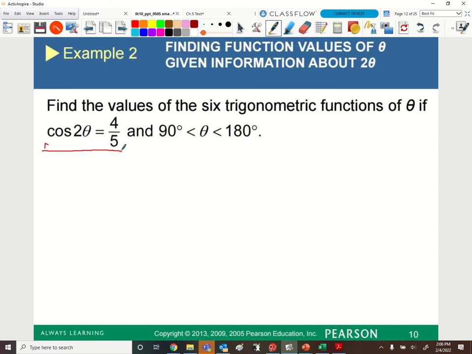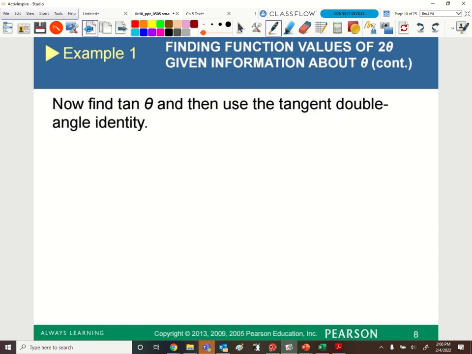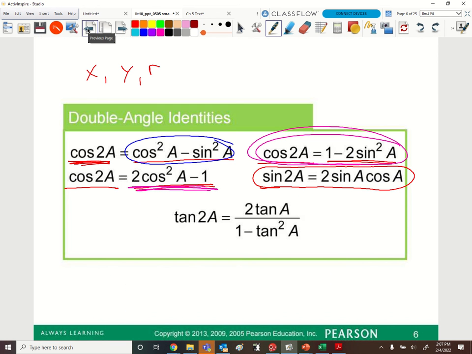So what I'm going to do is use the formula specific for this. I don't want to use the first one, because this one has an x and a y, isn't it? I'm going to use the second one. It only has x's and no y's.